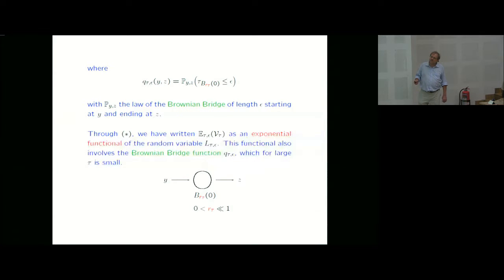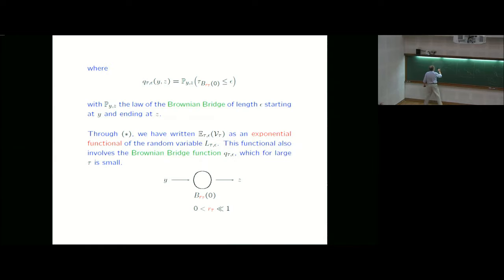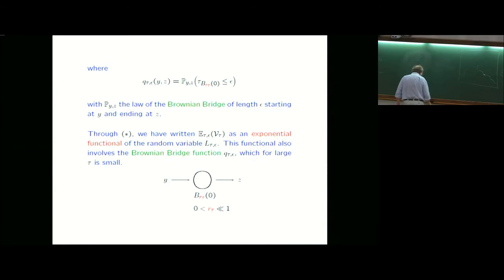I'm introducing an object that says q tau epsilon yz, which is the probability for a Brownian bridge starting at y and ending at z to hit a ball of radius tau around the origin.